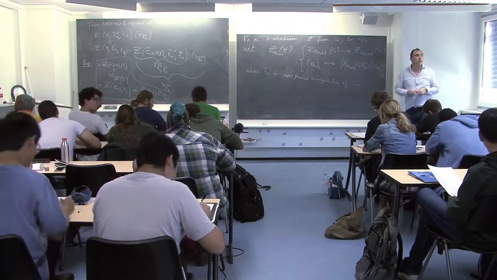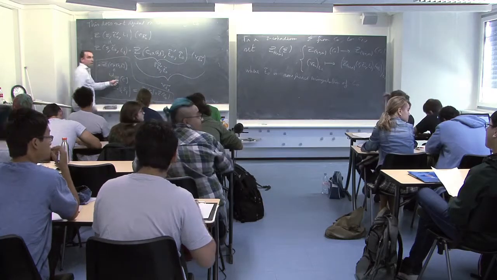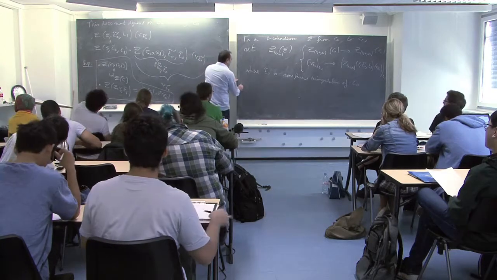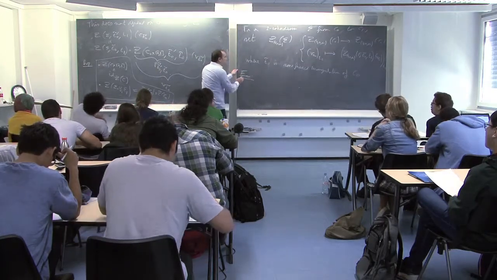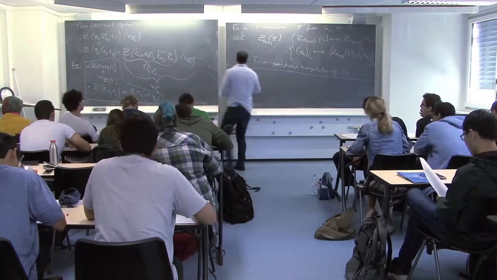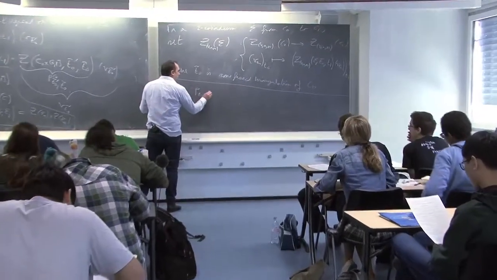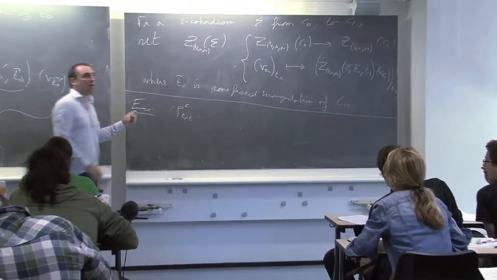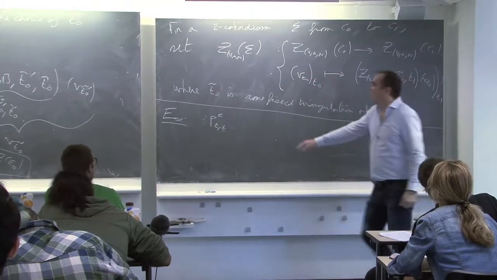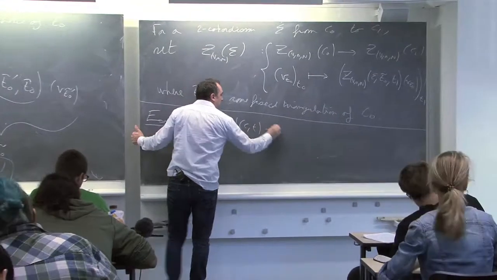Okay. This Z of C here is a finite-dimensional vector space. Yes? Yeah, because you can do this exercise. If you take a closed one-manifold C and a triangulation T, P_{C,T,T} is a map from V_{C,T} to V_{C,T}.